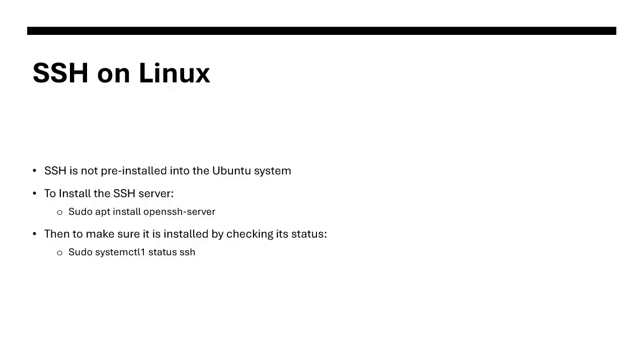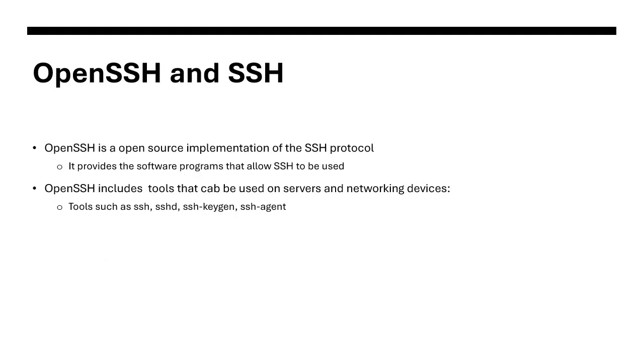And for my next slide, when I was researching Secure Shell, I came across Open Secure Shell. So in this slide, I will go over what it is and how it relates to Secure Shell. Open Secure Shell is an open source implementation of the Secure Shell protocol. It provides the software programs that allow Secure Shell to be used.